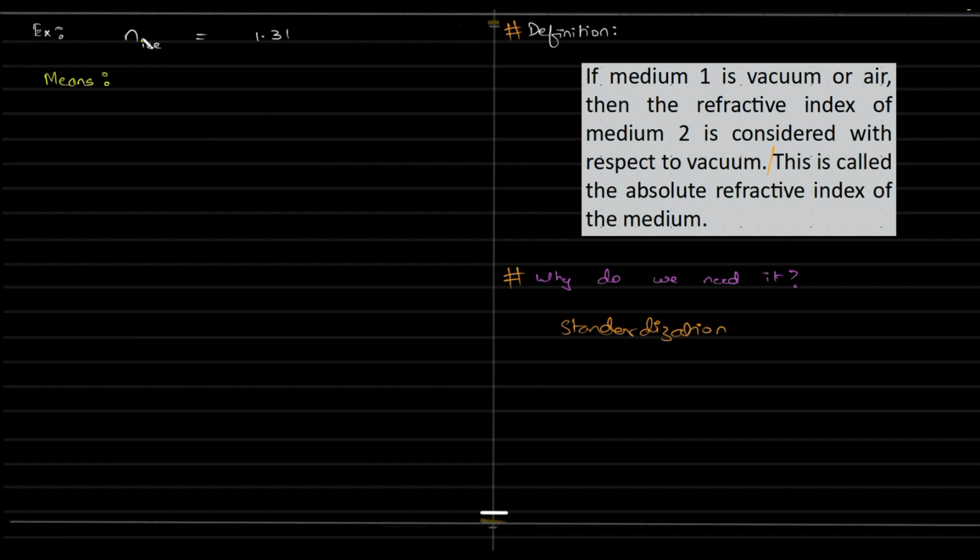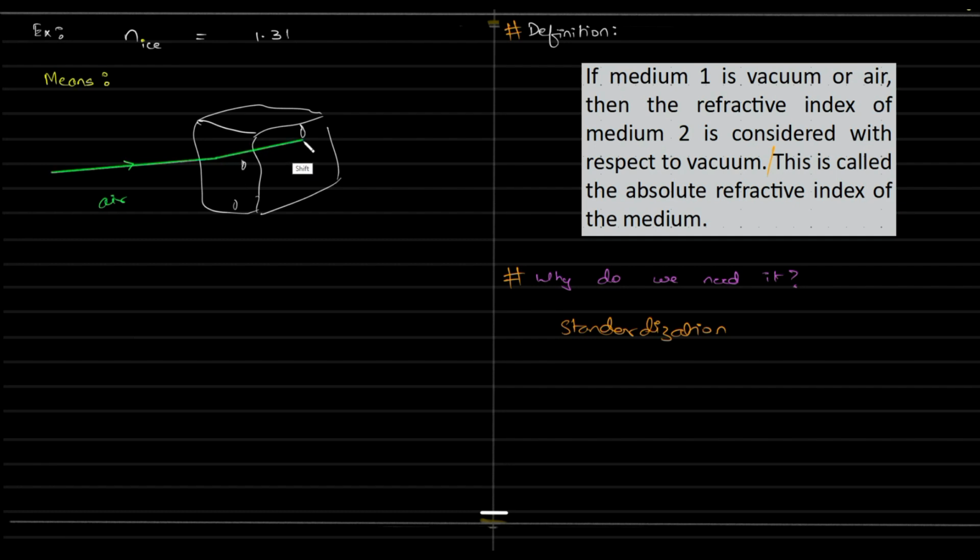So if we happen to look at a refractive index of ice being equal to 1.31, what does that mean? First thing is, we are looking at ice. Of course, it can be shaped anyhow. And we have a flash of light going from air, if not vacuum, into this.